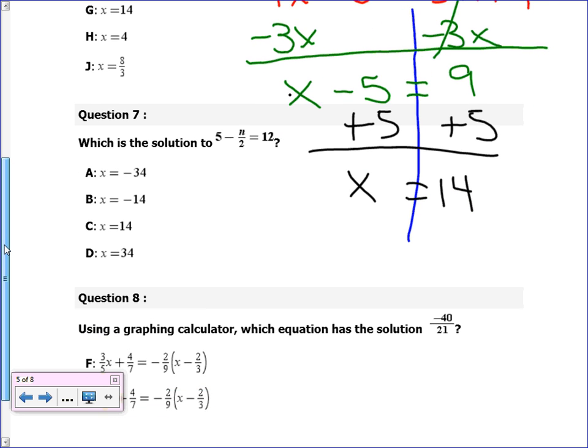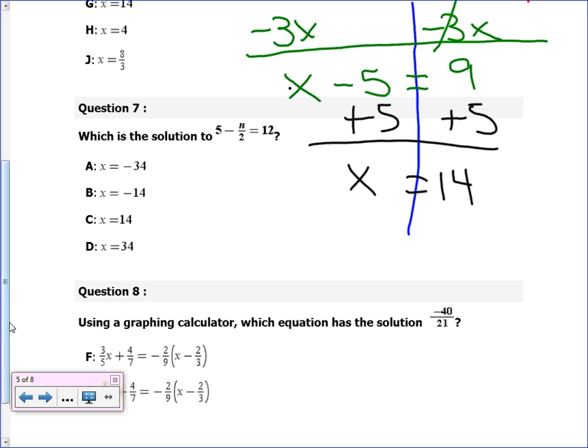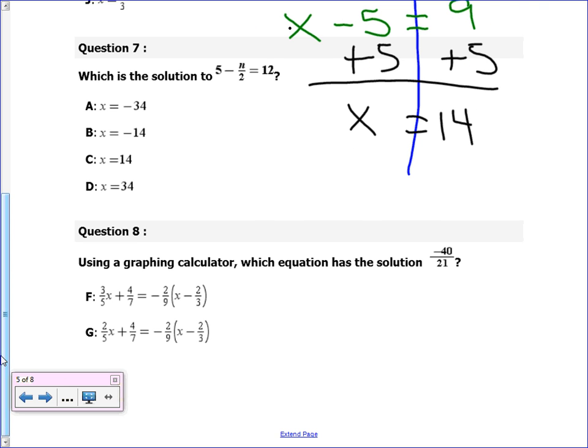Now moving on to number 7. For this one, let's go ahead and just solve it algebraically. So we're going to subtract 5 on both sides. And we have negative n over 2 is equal to 12 minus 5, which is 7.